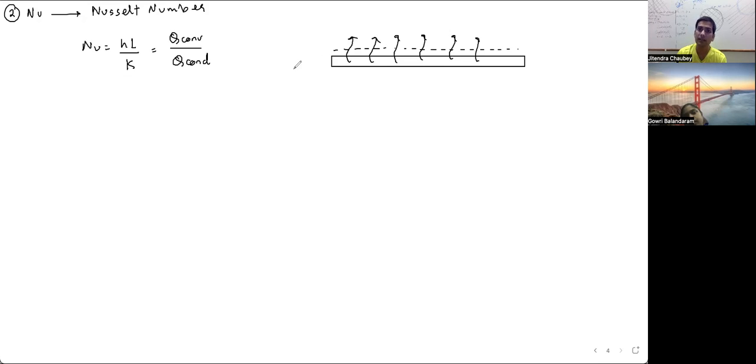So Nusselt number signifies how good the fluid is if it is given the job of convection over conduction. This conduction property is of the fluid itself. What people mistake is that they think this conduction would be for the surface which is giving the heat.